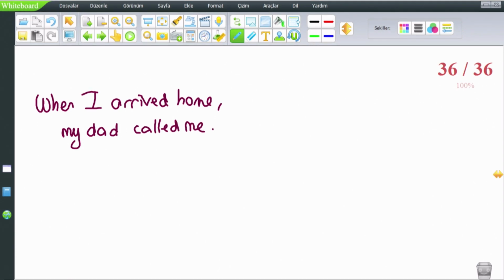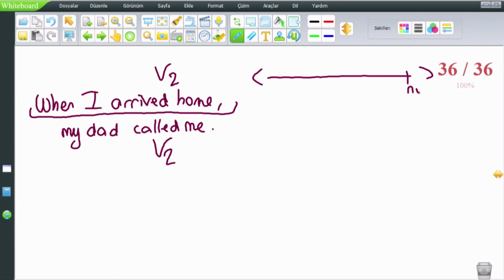Now I have two short actions in this sentence. First one, built with when and verb to, is a short one. I look at the second one, it is also created with verb to, so it makes them both short actions. It's not wrong, but this time what it tells us, I arrived home here and my dad called me here. They happen right after each other.